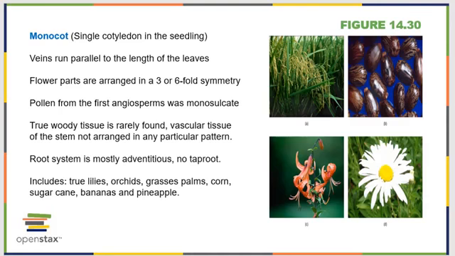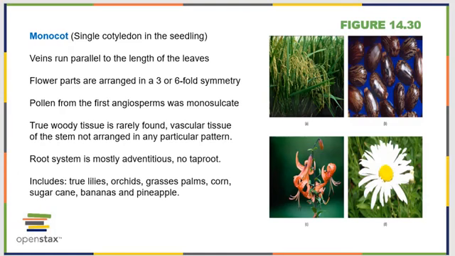The pollen from these angiosperms is also monosulcate, and that means they have 1 little pore in them where that pollen tube will grow out of. True woody tissue is very rarely found in monocots. When vascular bundles are arranged in a very specific organization that gives them essentially a lot of structural tension, they can make woody tissues eventually. You don't see that in monocots.